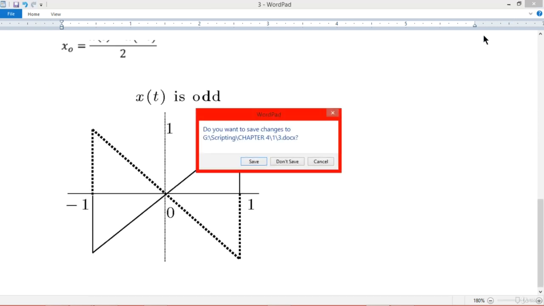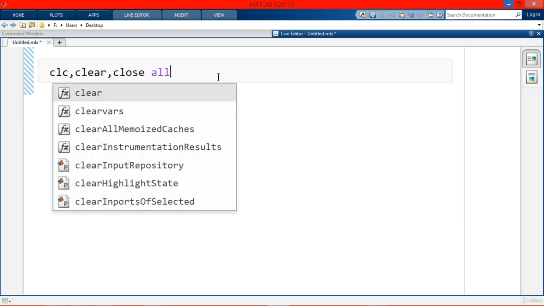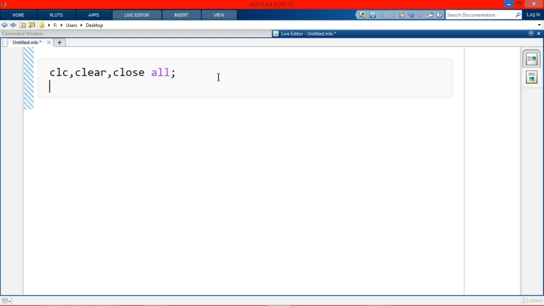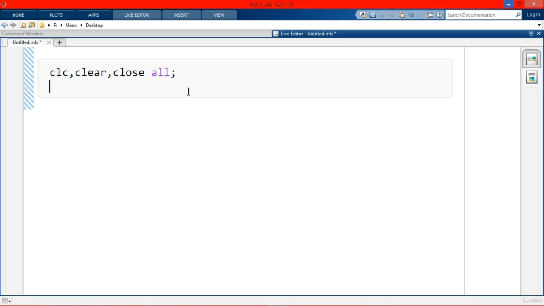Now let's type a code for even and odd signals. First, as always, define the time period for which you want your signal to exist. Here I'm taking t from -5 to +5 with 0.001 of spacing.